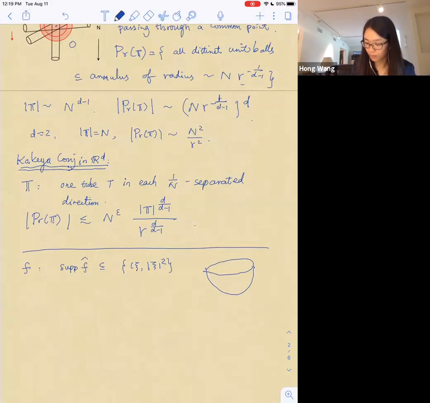We are interested in how we can estimate the L^p norm of f.